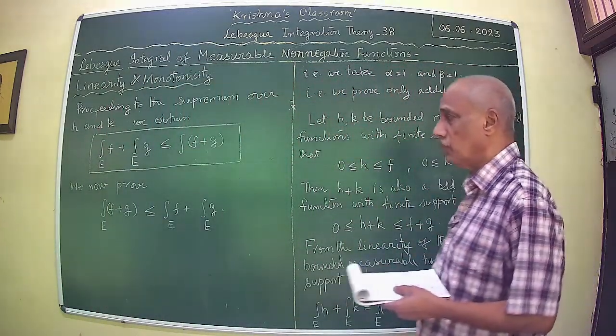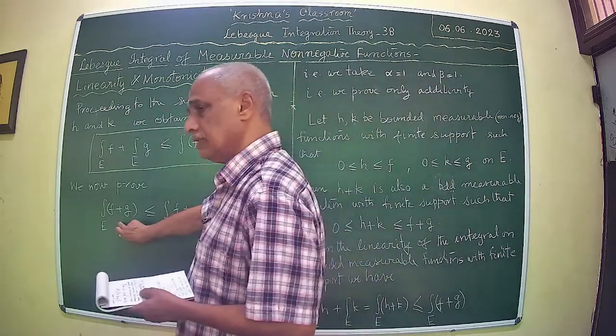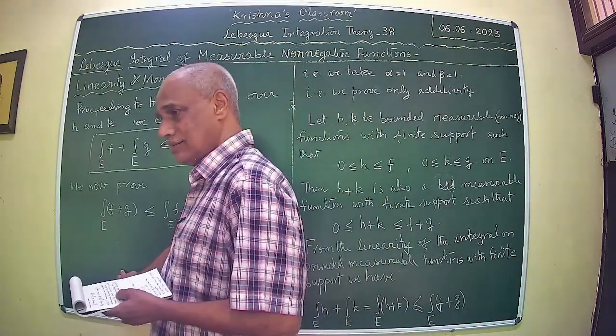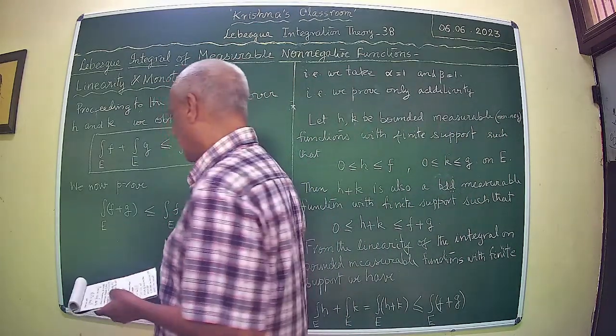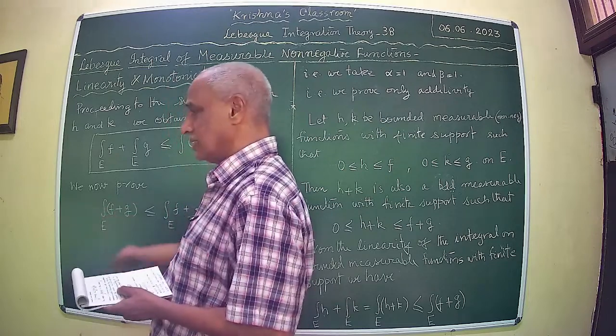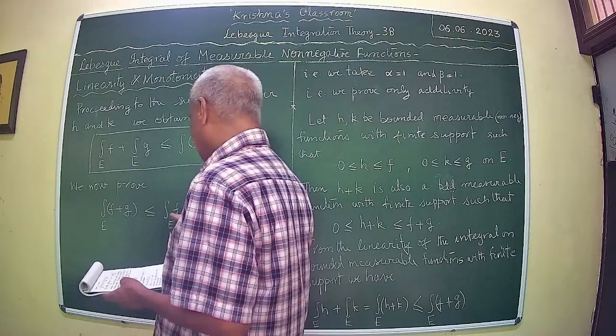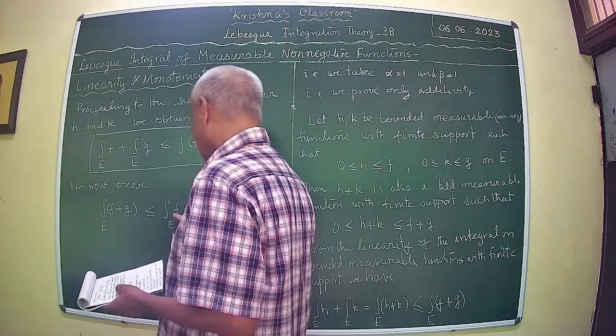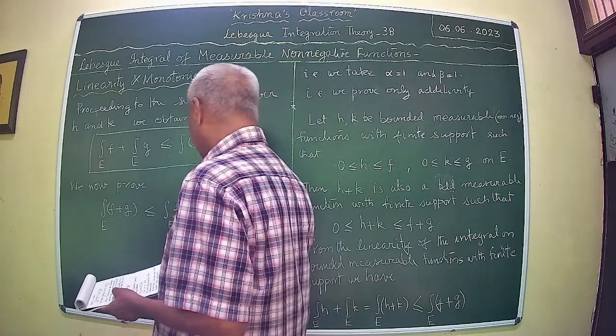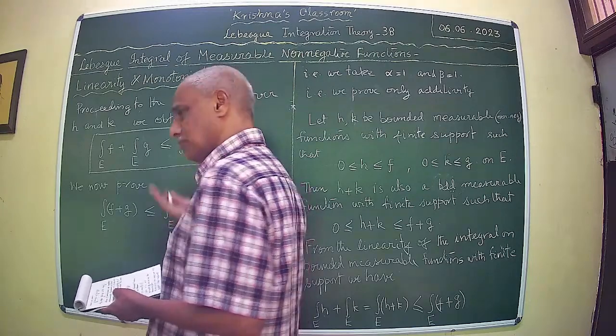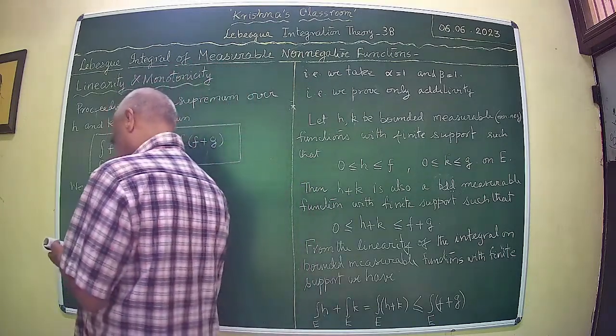So how do we work on this? We start once again, go to the basics, like the functions that approximate f plus g, and then construct suitable functions which approximate f and approximate g from that. So let us do that.